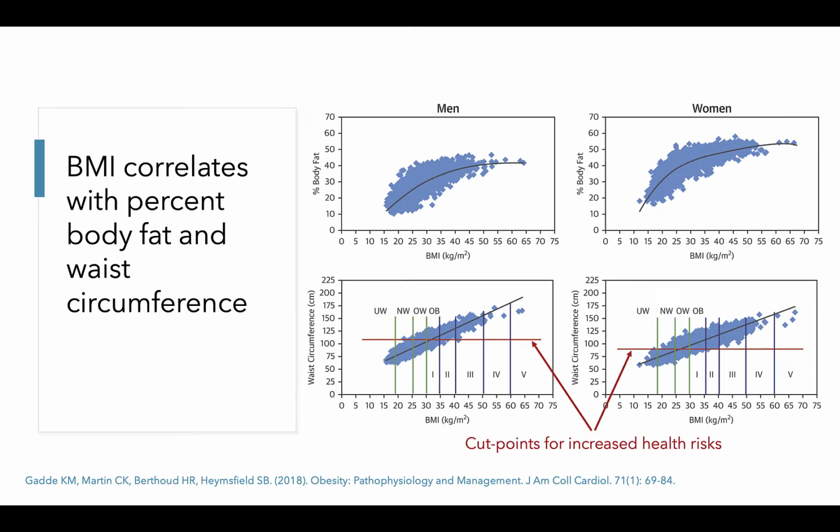The red line on these figures illustrates the clinically defined cut points for waist circumference at which we see increased health risks. Similar to the figures above with percent body fat, we see a strong positive correlation between BMI and waist circumference, in that increases in BMI are associated with increases in waist circumference.